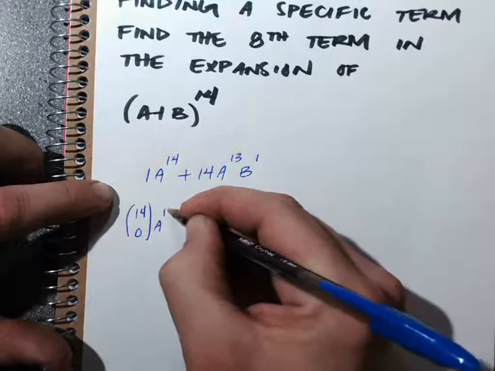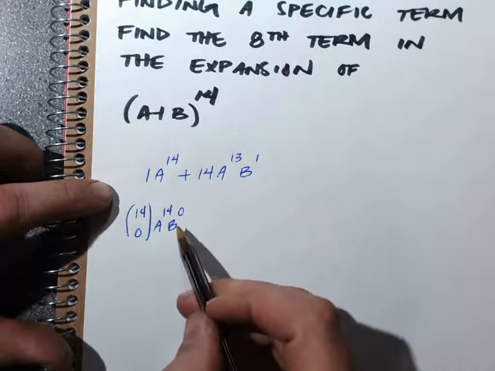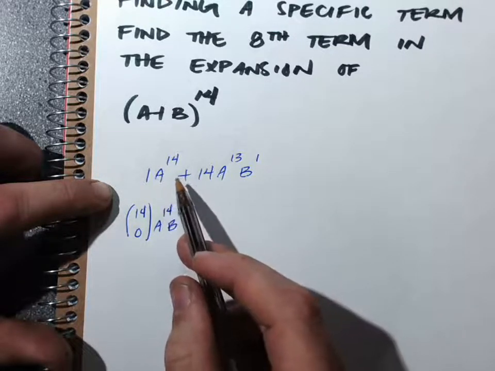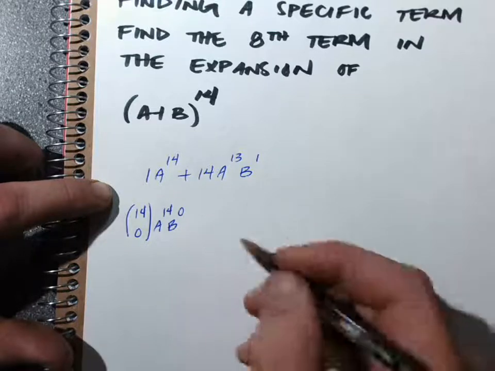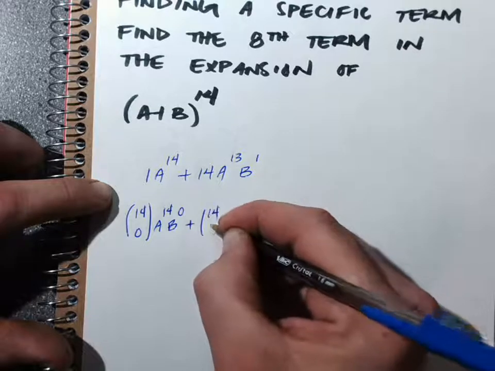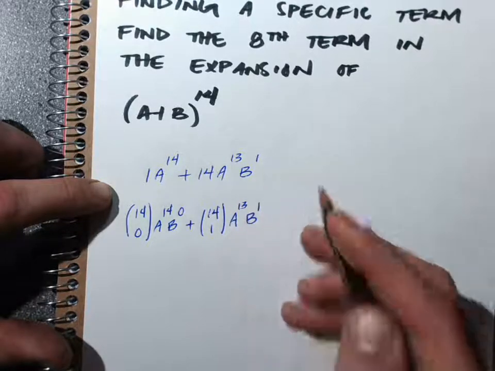And then a to the 14th, and just for the pattern, I'm going to put b to the 0, which obviously is 1, so it doesn't appear here, but it'll help to see it. The next one, the 14, is the result of 14 choose 1, a to the 13th, b to the 1st.